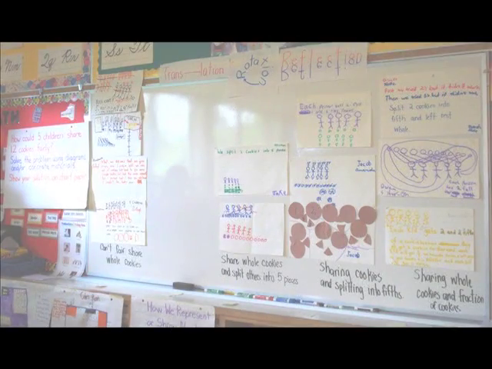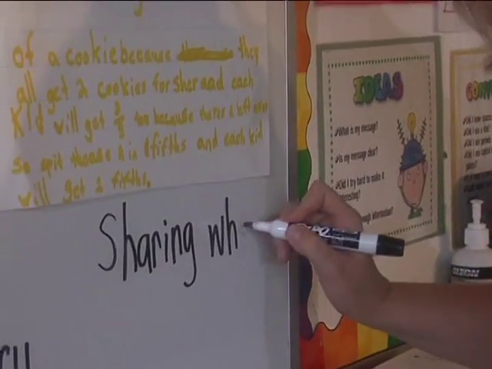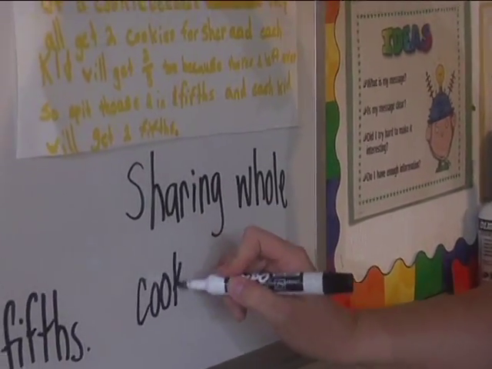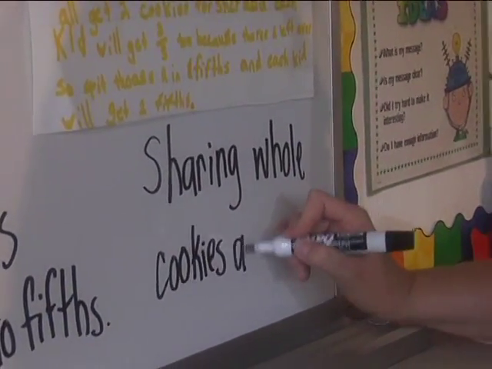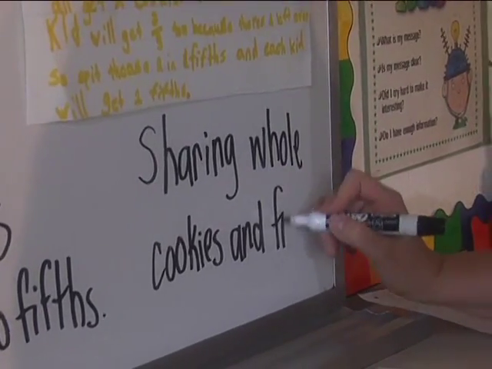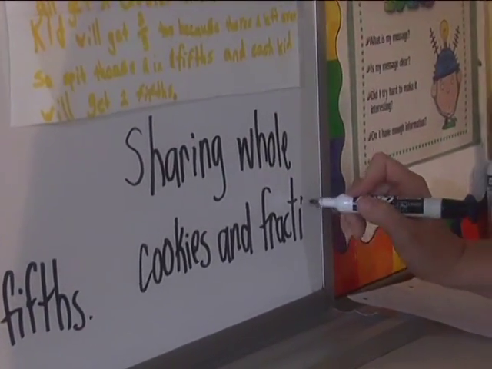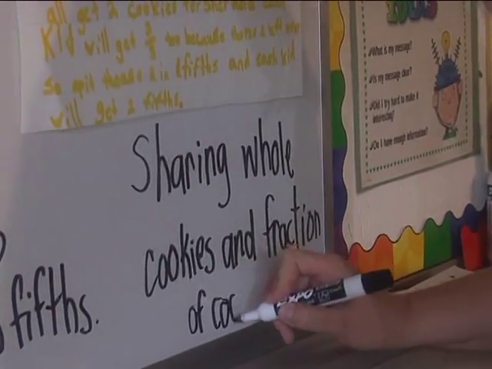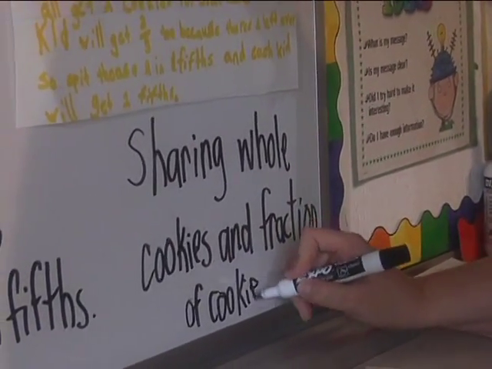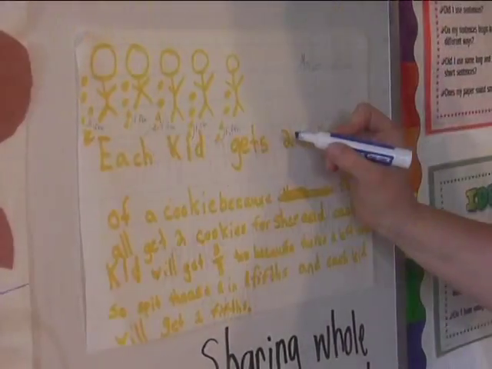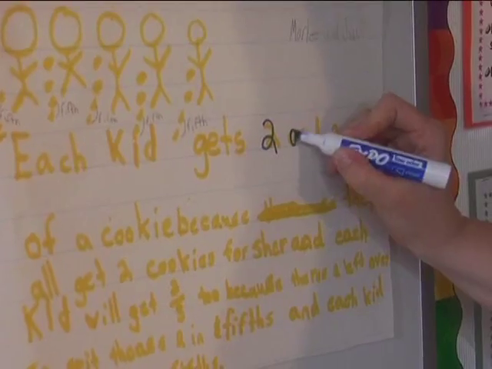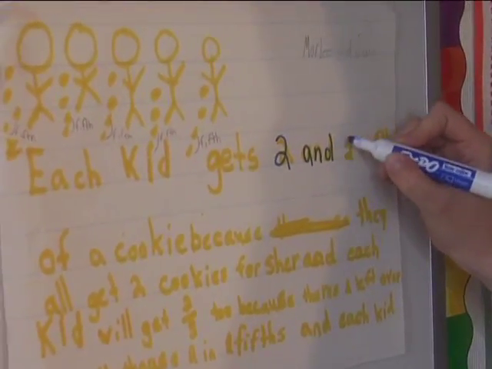Right. So they used the whole number and the fraction together. So very good. So this group, 2 and 2 fifths.